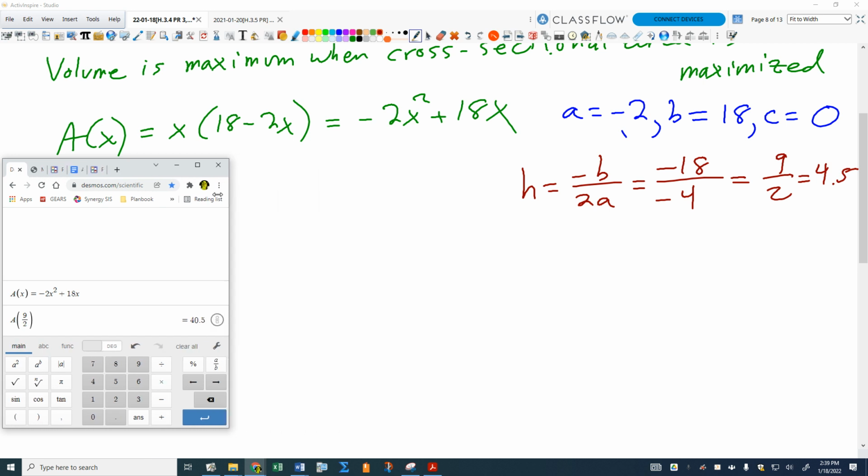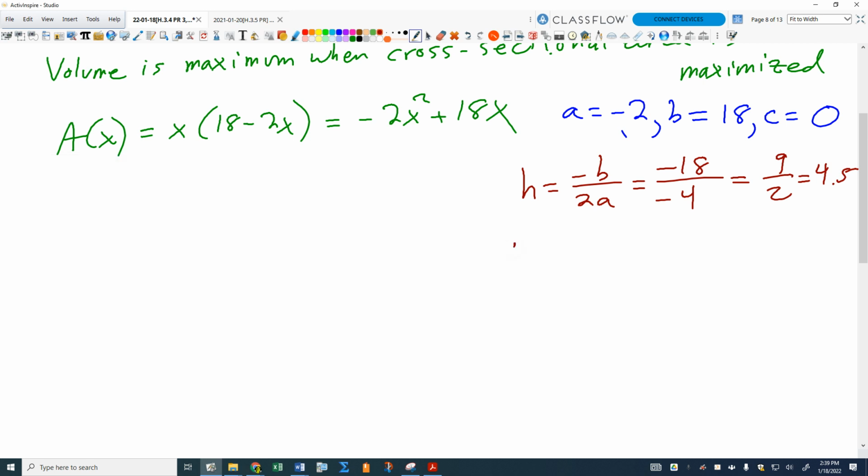It gives me the answer as a decimal, or if I want to, I can convert it to a fraction. So I don't even have to show that work. I can just plug that into Desmos. What was it again? 40.5?